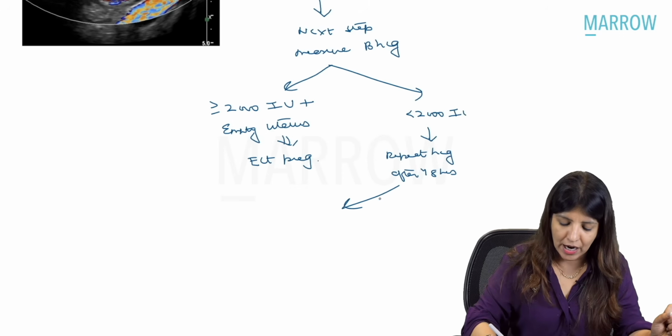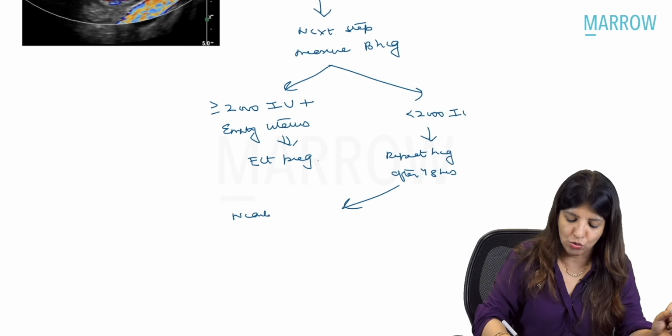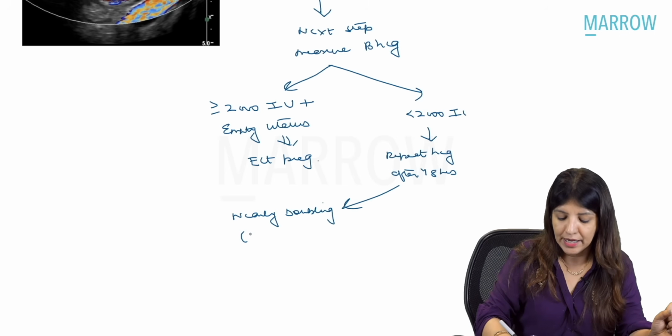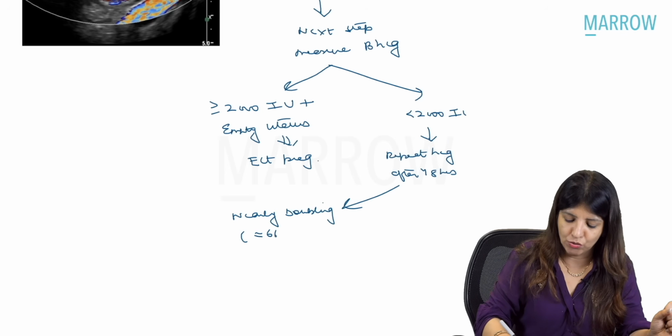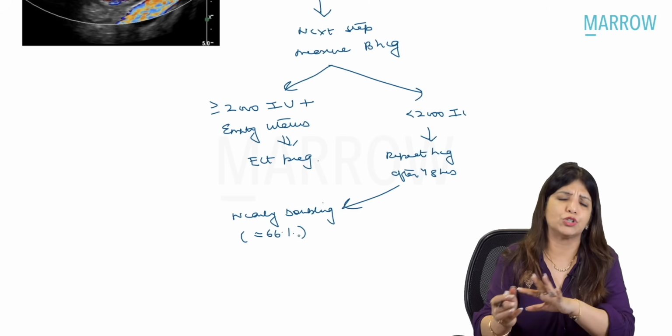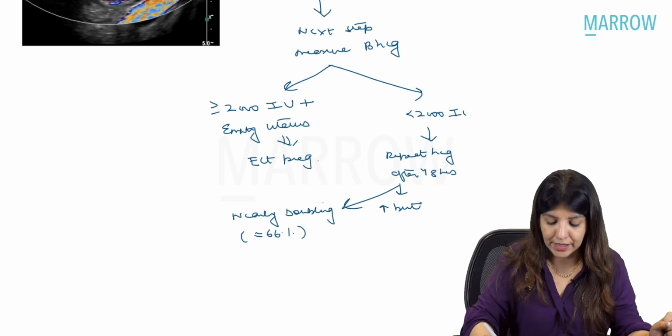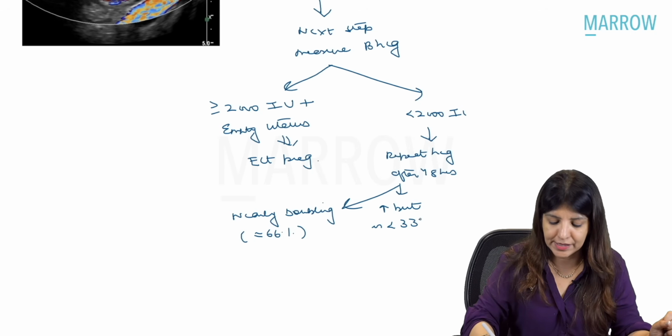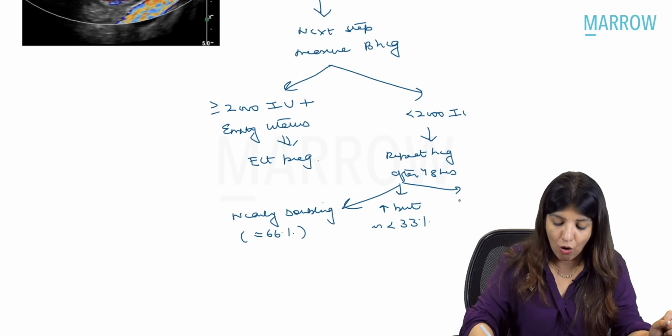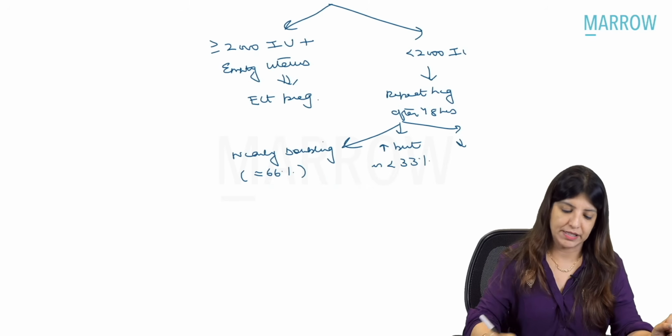After 48 hours, if you see that the values are nearly doubling, when I say nearly doubling, the increase is roughly around 66%, so from 33 to 66%. The other possibilities are that there is an increase, but the increase is less than 33%, or there is a decrease in beta HCG.